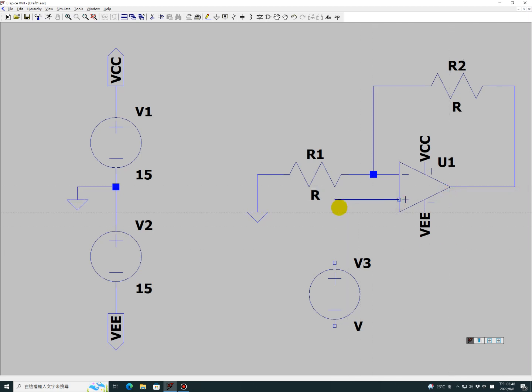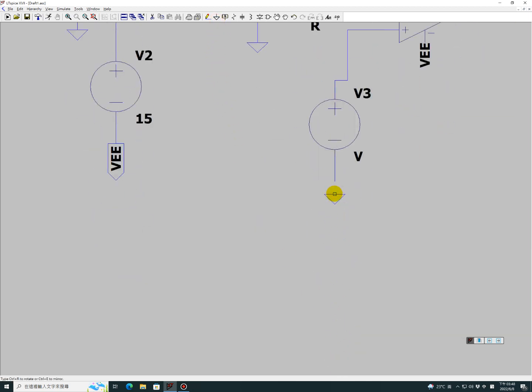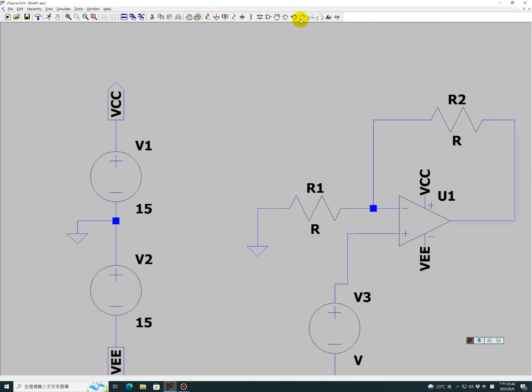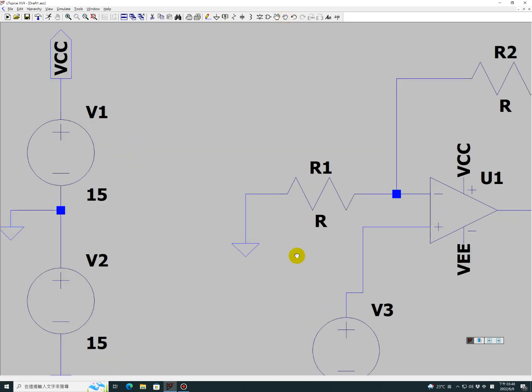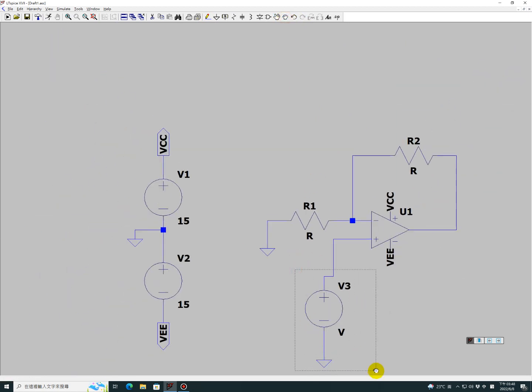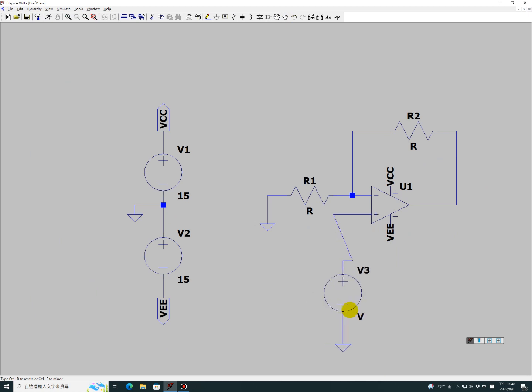I didn't put any load resistance here. Okay, now the circuit is done.